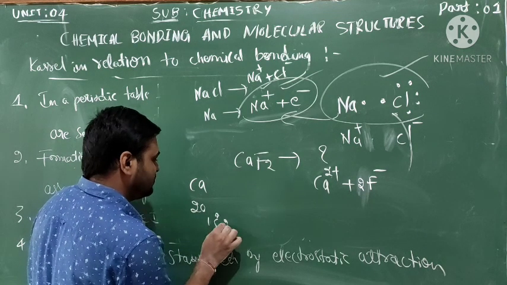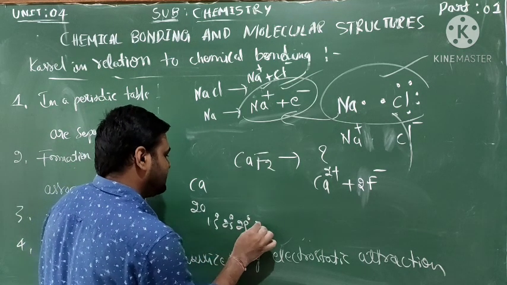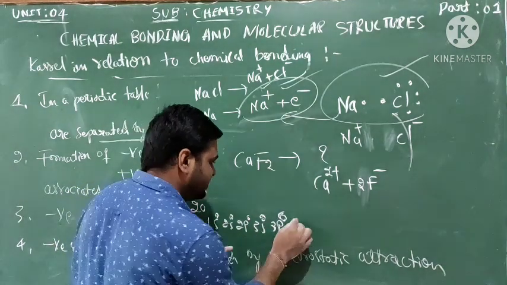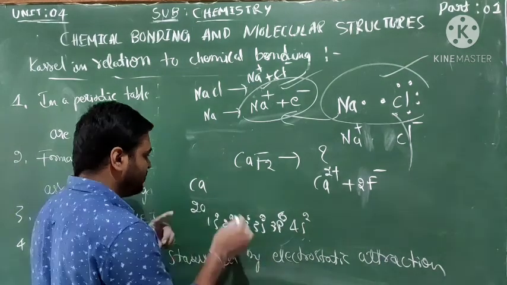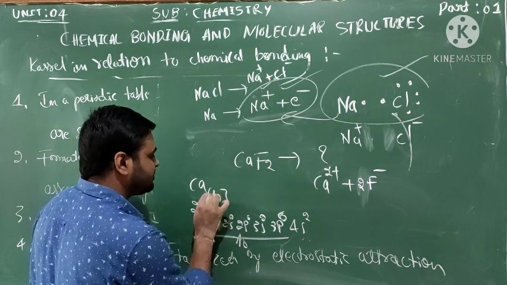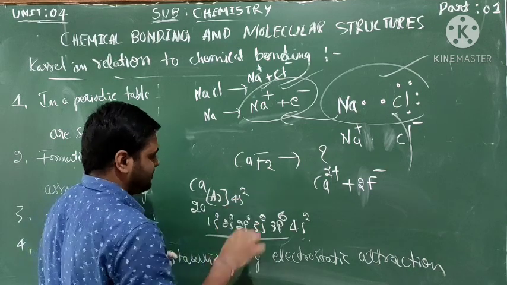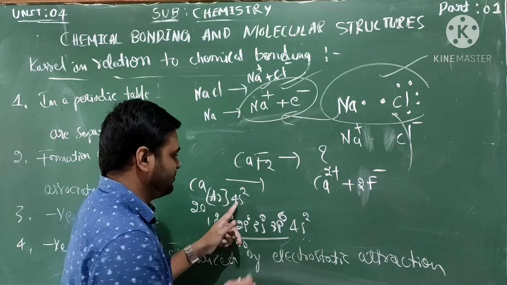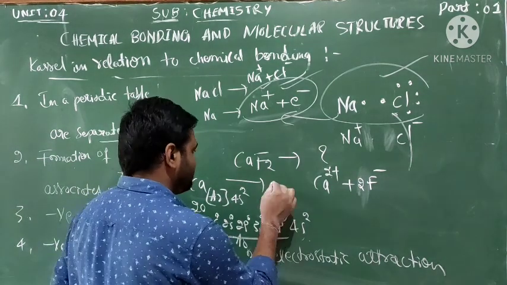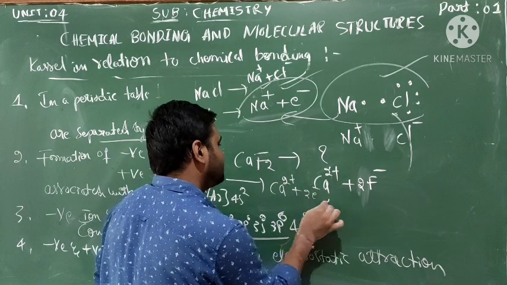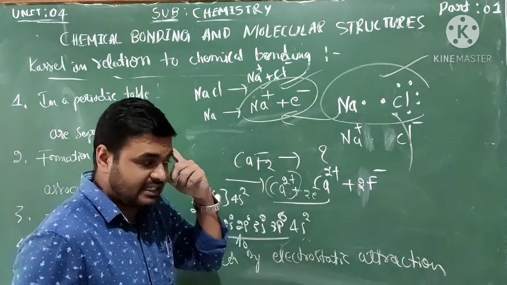You write 1s2, 2s2, 2p6, 3s2, 3p6, then you mention 4s2, not 3d. So this part is called argon, so [Ar] 4s2. The calcium 4s2, 2 electrons can easily be lost. So it easily loses 2 electrons, and 2 electrons lost gives Ca 2 plus.